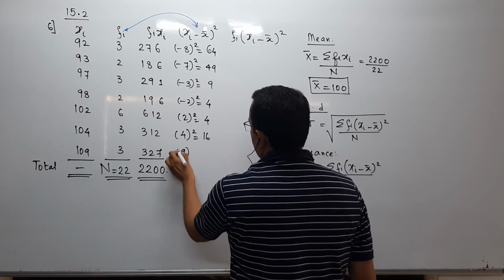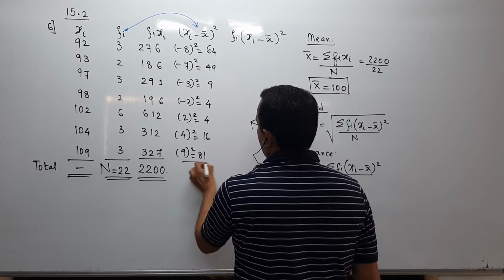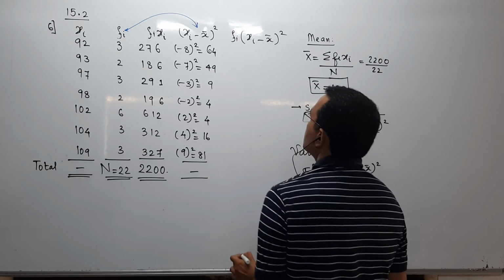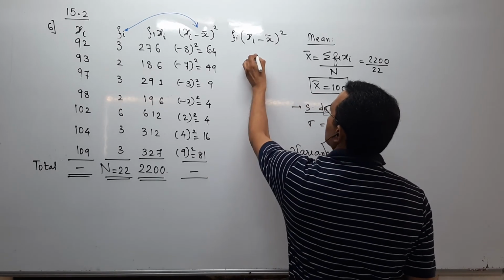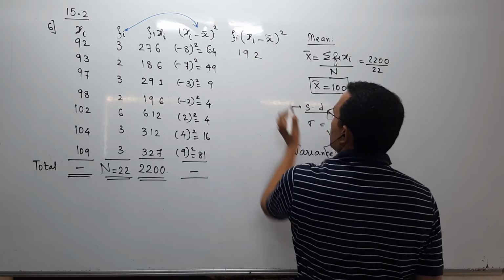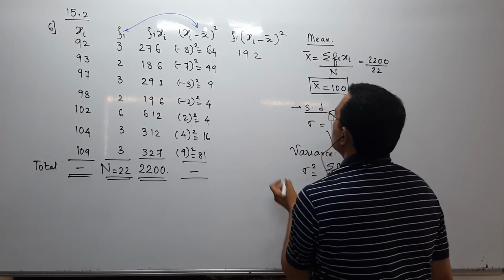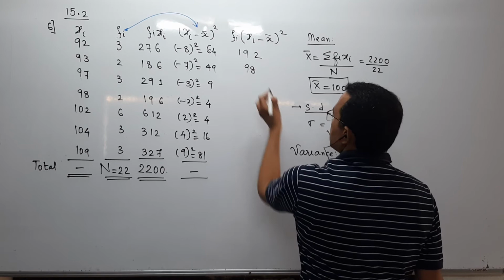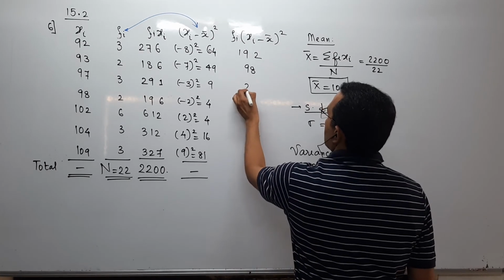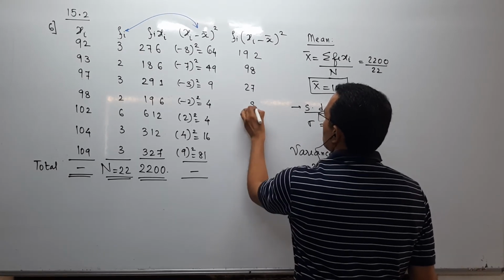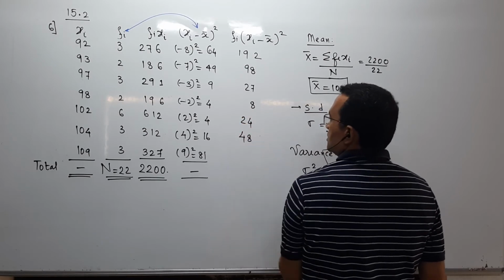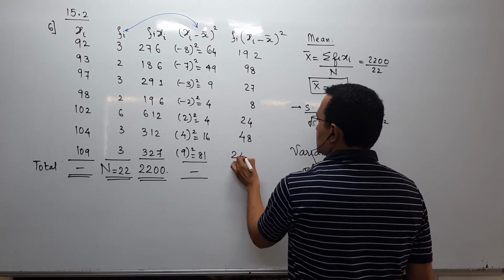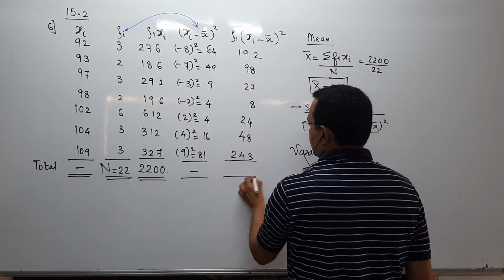9 square is 81. We do not total this. Now 64 into 3 is 192. 49 into 2 is 98. 9 3s are 27, 4 2s are 8, 6 4s are 24, 16 3s are 48, and this is 243.